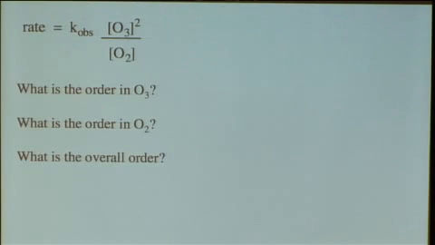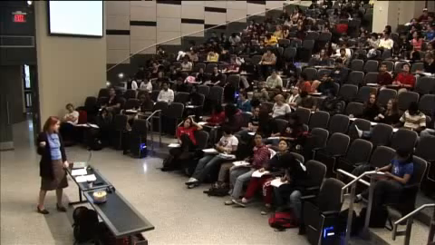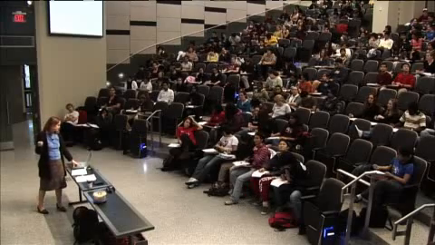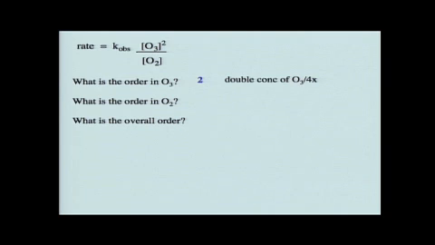Oh, wait, sorry. The order first, let's do of O3. 2. So if we double the concentration of O3, what would you expect to see in terms of the rate? It will what? Yep, quadruple.